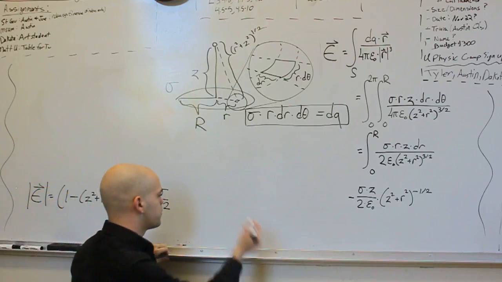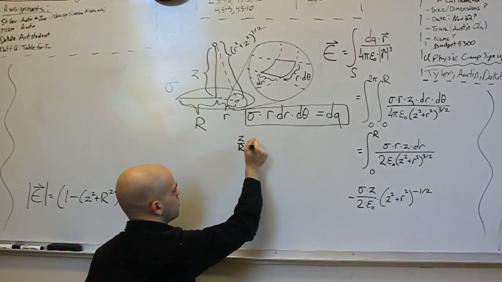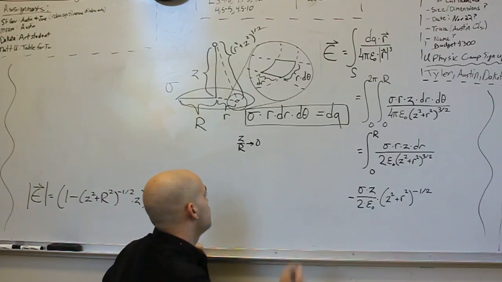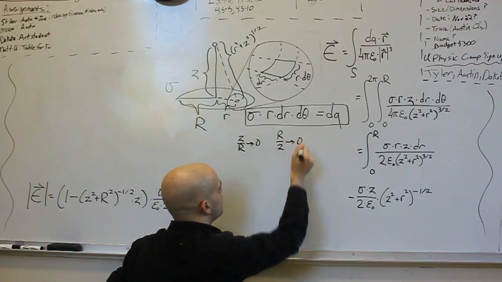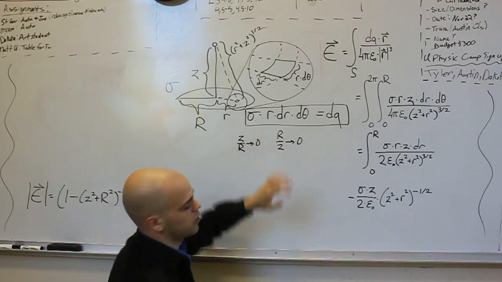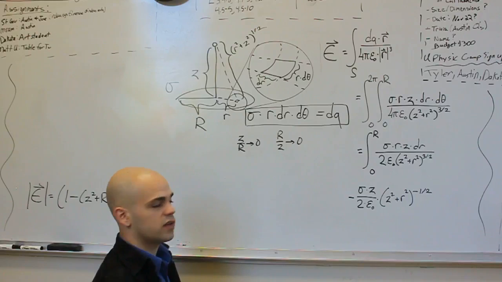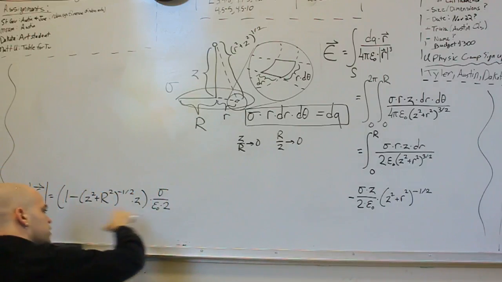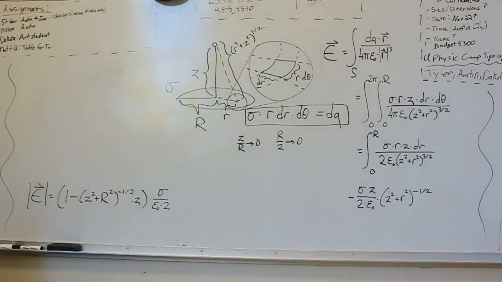So what we're going to do is take z over r to 0 to represent when z is much smaller than r. And we're going to take r over z to 0 to represent what happens when r is much smaller than z, which is to say when z is much, much bigger than r. When z is very, very large, close to infinity. So we have to translate this function into terms of z over r and in terms of r over z.